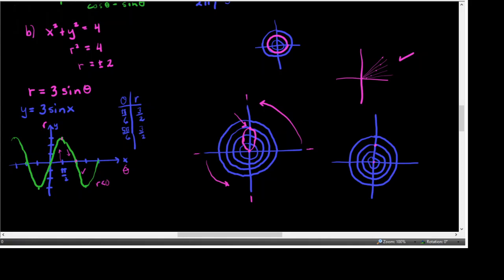So in the third quadrant, I'm getting negative r's, which is giving me back all of these points in the first quadrant. And the same thing happens in the fourth quadrant, with those negative r's, you're going to get back all these points in the second quadrant.